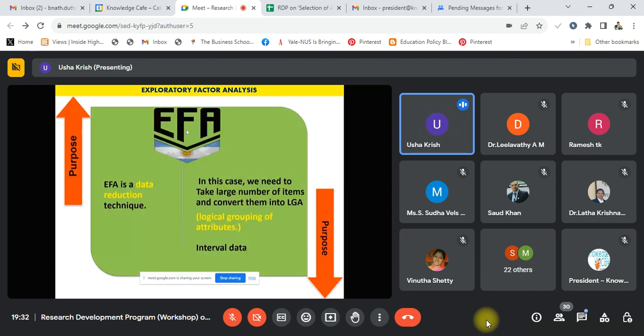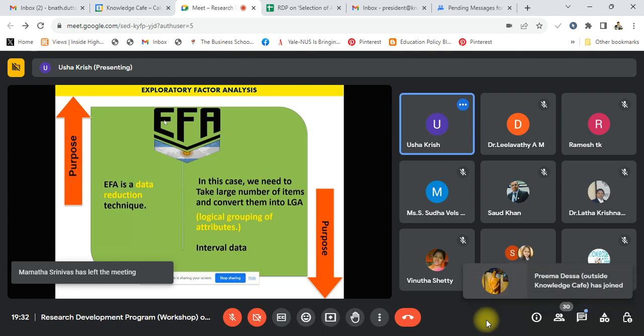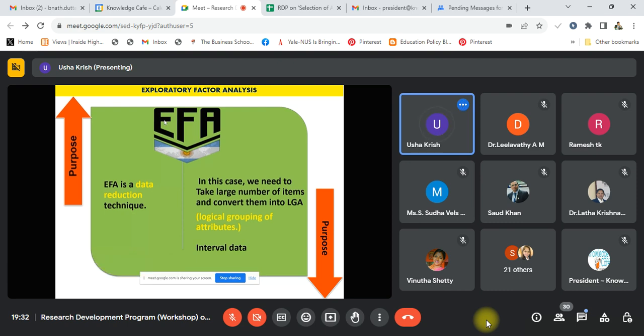Most of us know what it is. Anyway, let me tell. EFA is a data reduction and data summarization technique. In other words, EFA is nothing but bringing down a huge number of items into a few factors. EFA can be employed if researchers do not get theoretical backup relating to their study area. Only then do we need to do EFA.